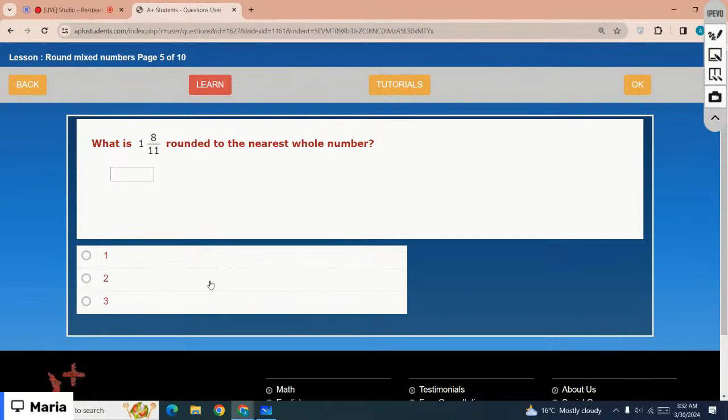Round up means you have to add 1 to the whole number. 1 is the whole number. When you add 1, 1 plus 1 is 2. The correct option is 2, right?